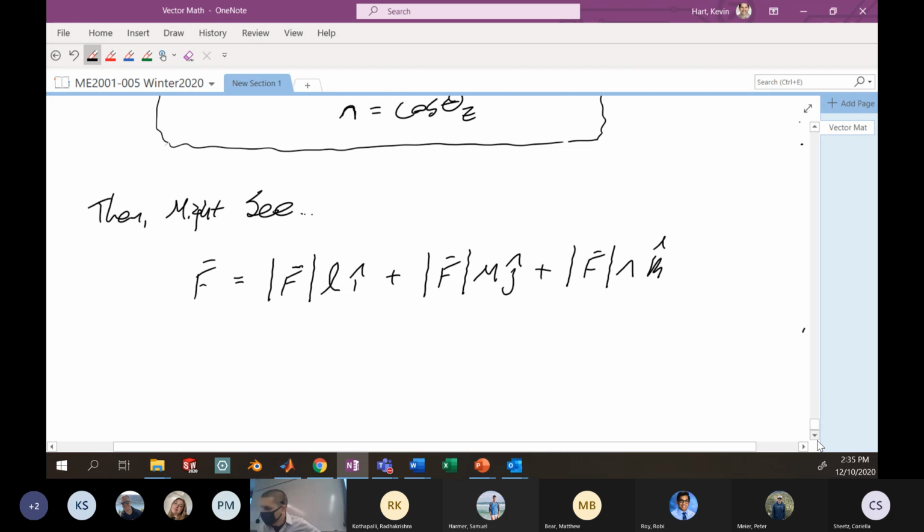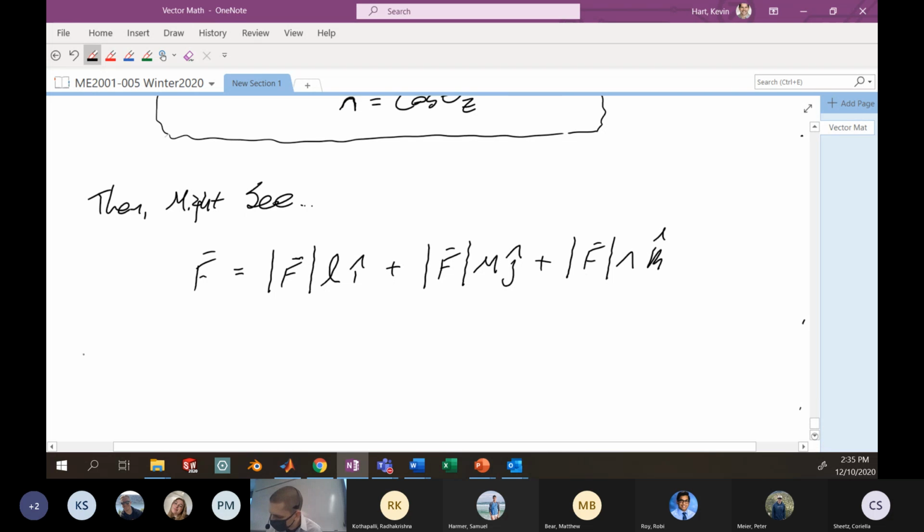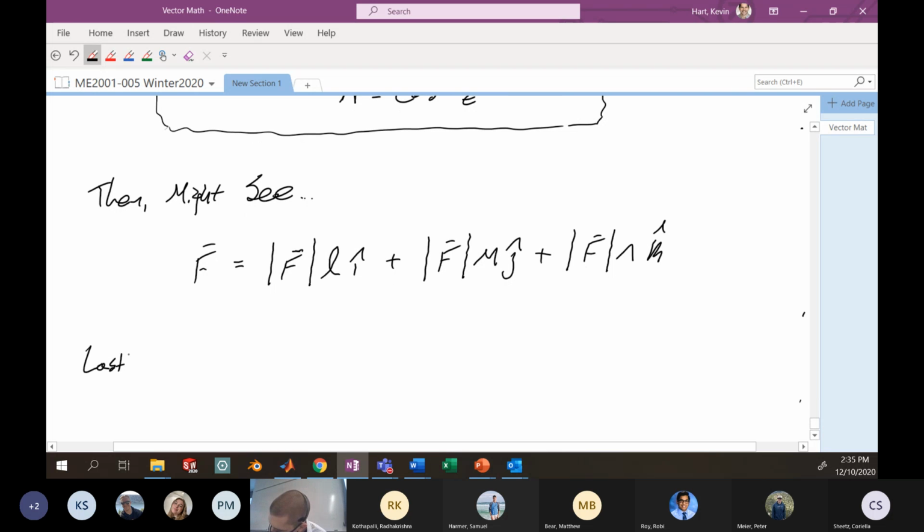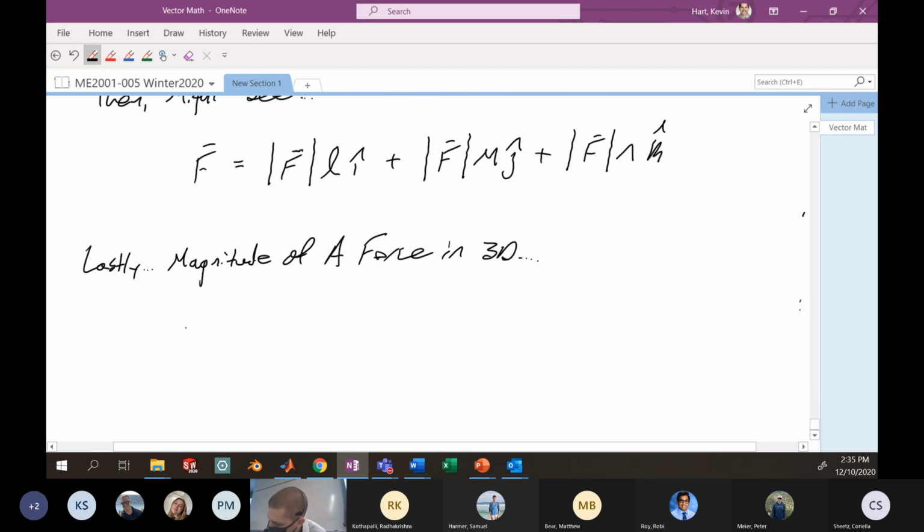One last thing, and then we'll do a quick example and get you out of here. The magnitude of a force in 3D is very similar to how we calculate the magnitude of a force in 2D: the magnitude of a force is the square root of the sum of the squares of the components. So it's just like what we do in 2D.